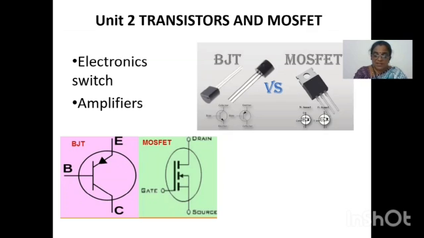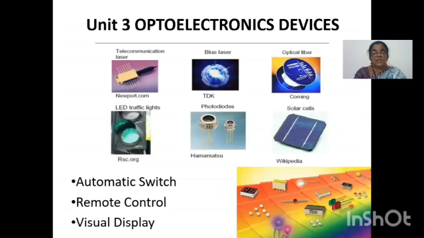So after studying transistors and MOSFETs, we'll be moving on to the third chapter, that is optoelectronic devices. What do you mean by opto? Opto means light. Electronic devices that are sensitive to light are called optoelectronic devices. You have seen your remote control cars, your TV and the remote.